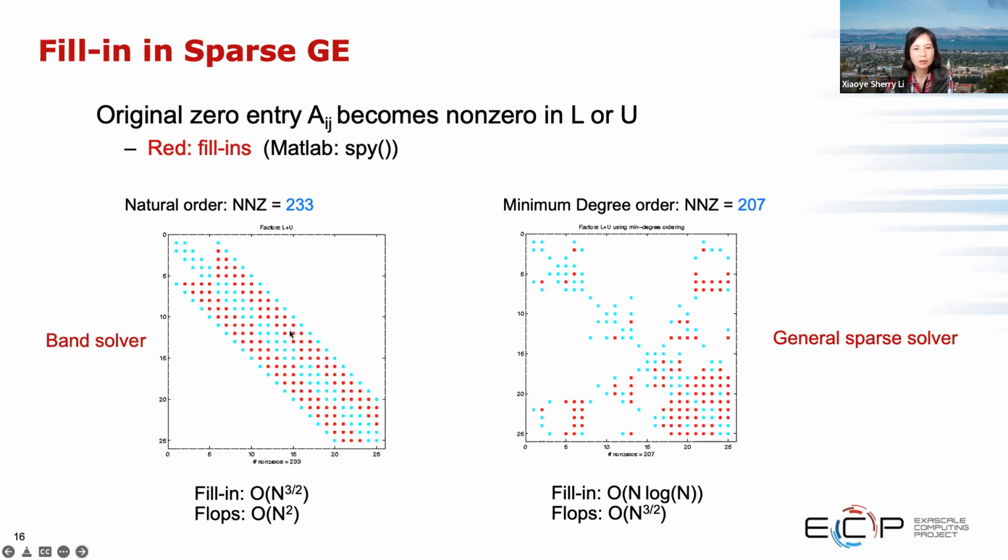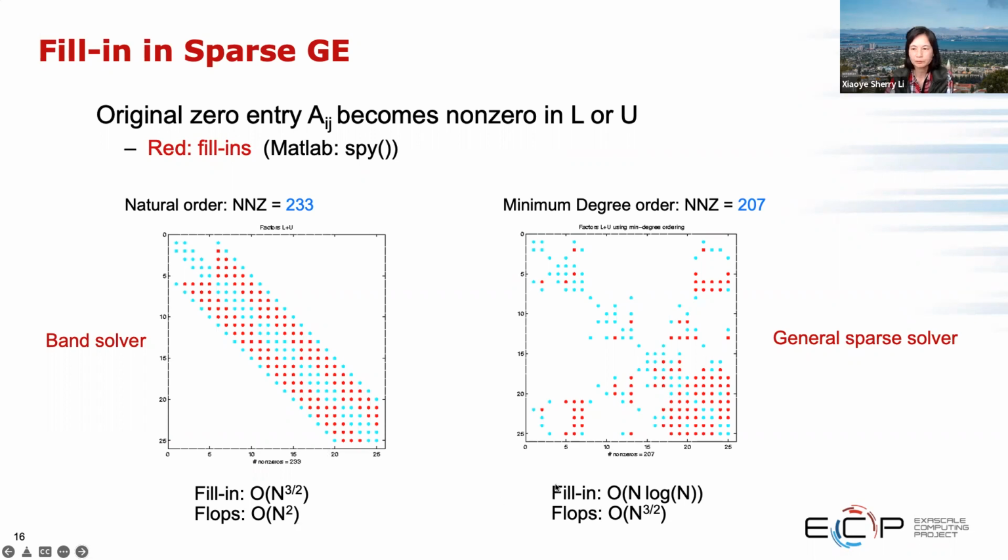Of course, it's still very regular. If you look at this, you can say, I can design a banded solver to take all the fill here. LAPACK has this banded solver to do that. And then you can do algorithm analysis. The fill in this case is order of n to the 3/2, and the flops will be order of n squared.